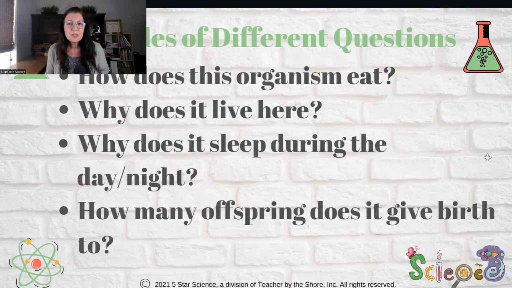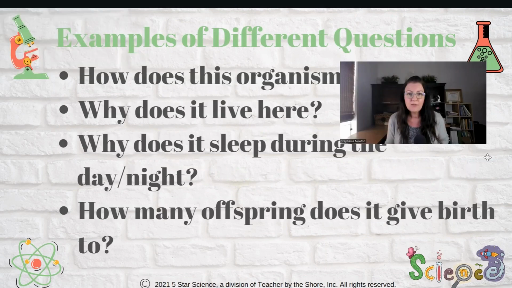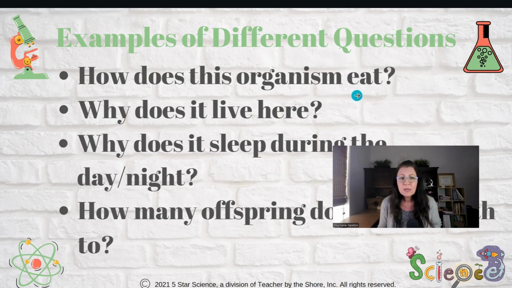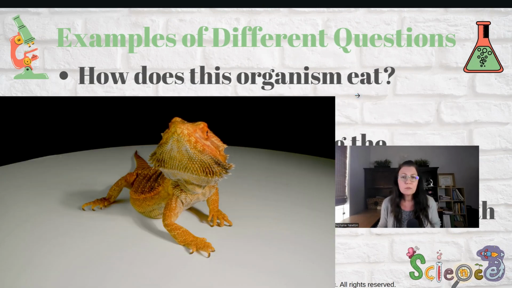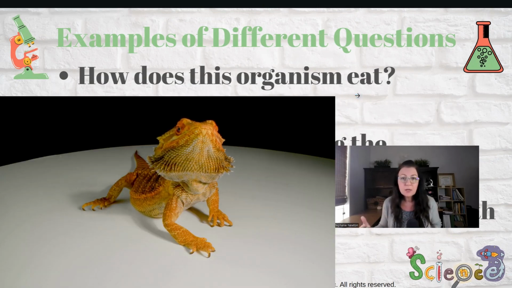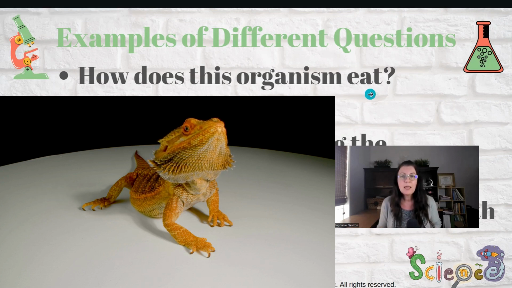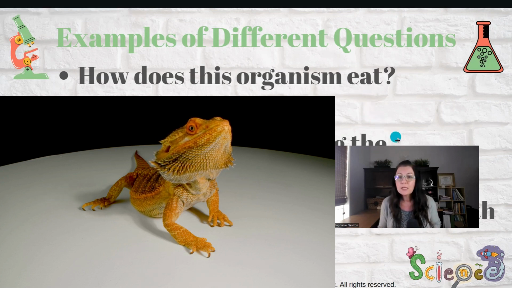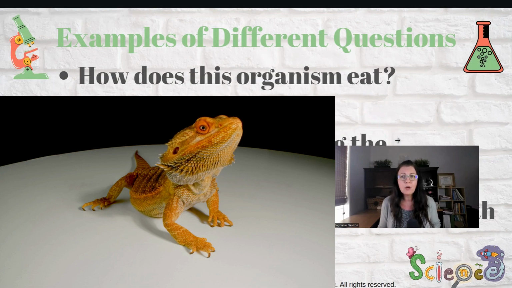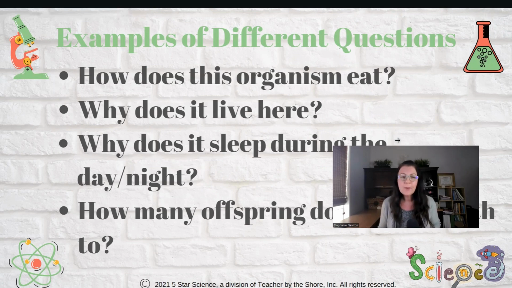So, examples of questions you may have as you're just going through your day. You might see an animal eating something or you might be curious about how something consumes food or whatever. And you may say, how does this organism eat? For example, my bearded dragon can drink water through its skin. So you might want to know more about that.